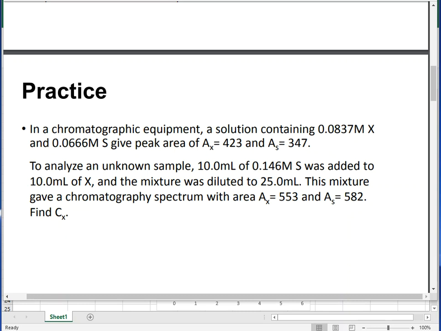To analyze an unknown, 10 mLs of a 0.146 S was added to 10 mLs of X, and the mixture was diluted to 25 mLs. The mixture gave a chromatography spectrum with area of A sub X 553 and A sub S of 582. Find C of X.